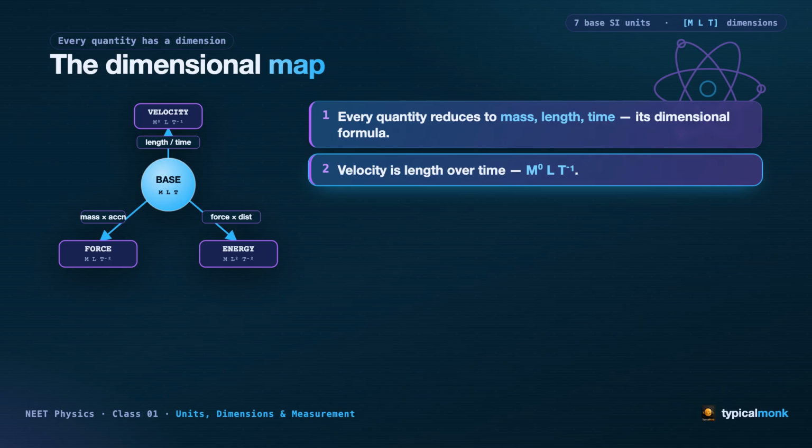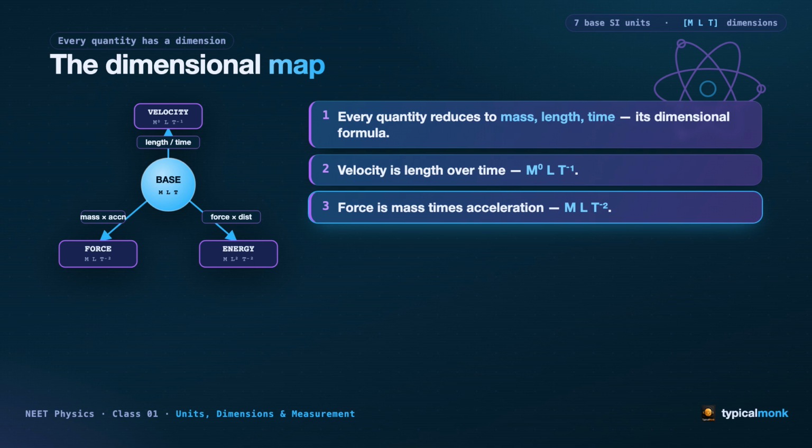It is length divided by time, so its dimensional formula is mass to the power 0, length to the power 1, time to the power -1. Mass simply does not appear. Now take force. Force is mass times acceleration, and acceleration is length over time squared. So force has dimensions mass, length, time to the power -2.